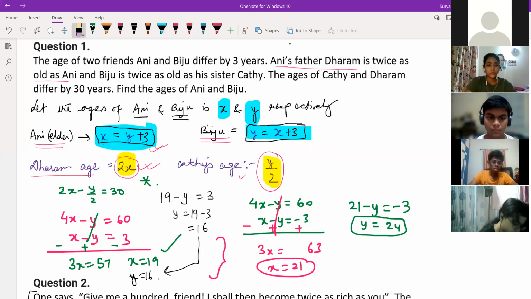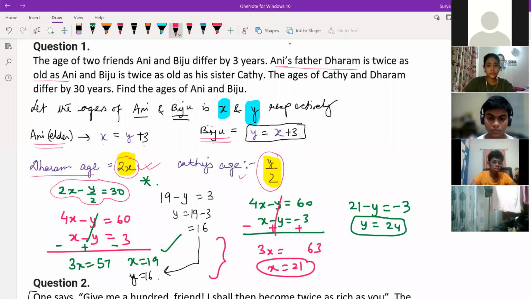Understood? Next one is the ages of Kathy and Dharam differ by 30 years. Now 2x minus y by 2 differs by how many years? 30 years. So find the ages of Annie and Biju.